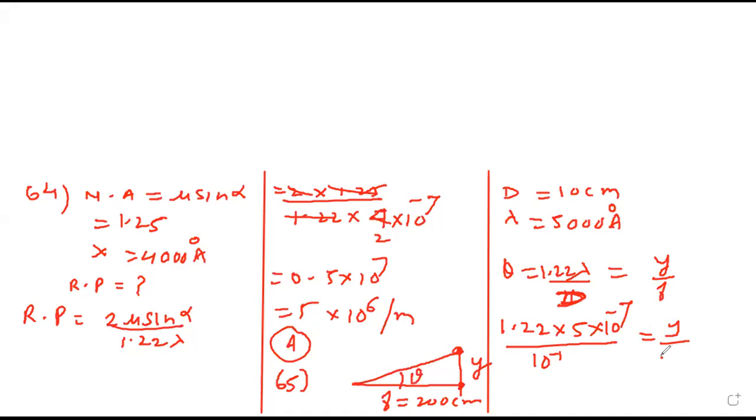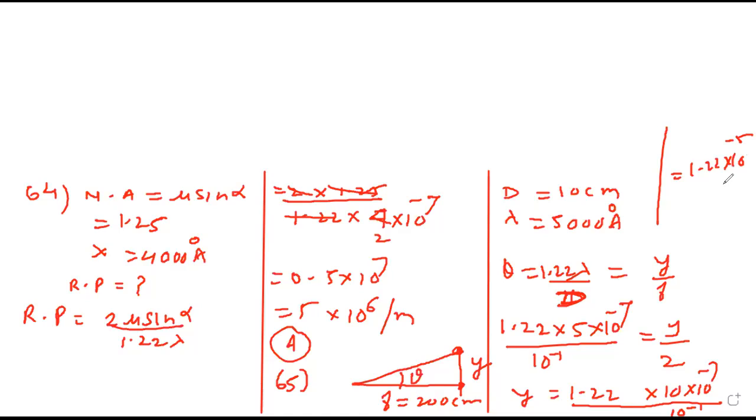Distance y we have to calculate. 200 centimeter is 2 meter. So y will be 1.22 into 5 into 2, which is 10, into 10 raised to minus 7 upon 10 raised to minus 1. So this is nothing but 1.22 into 10 raised to minus 6 plus 1, that is minus 5, in meter. Let me see option.